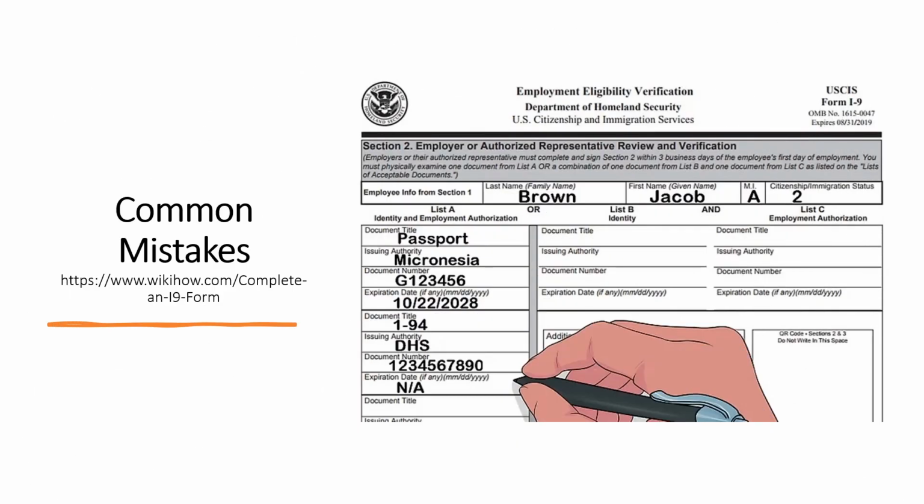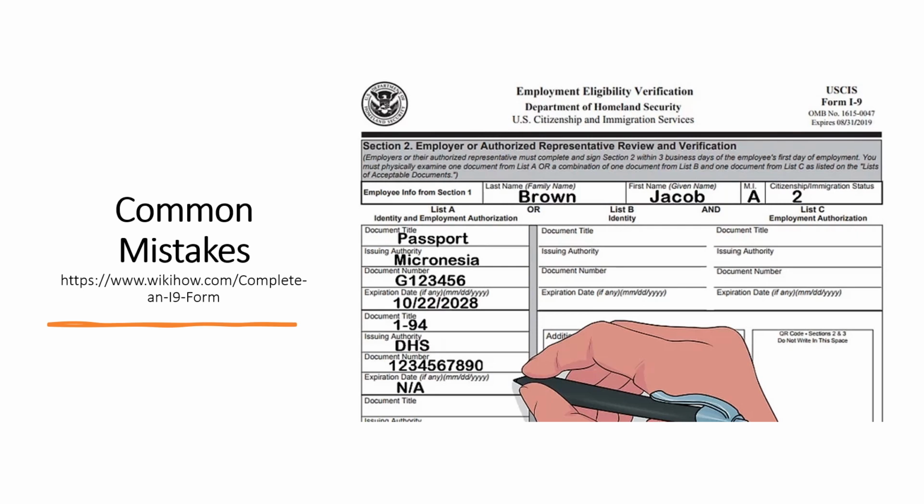When I am contracted to go out to audit personnel files for agencies, the common mistake that I always see is the I-9 form is just not completed. It's just there, it's empty. So I headed over to wikihow.com and inserted some pictures for you guys so that you all can see how to complete these forms.